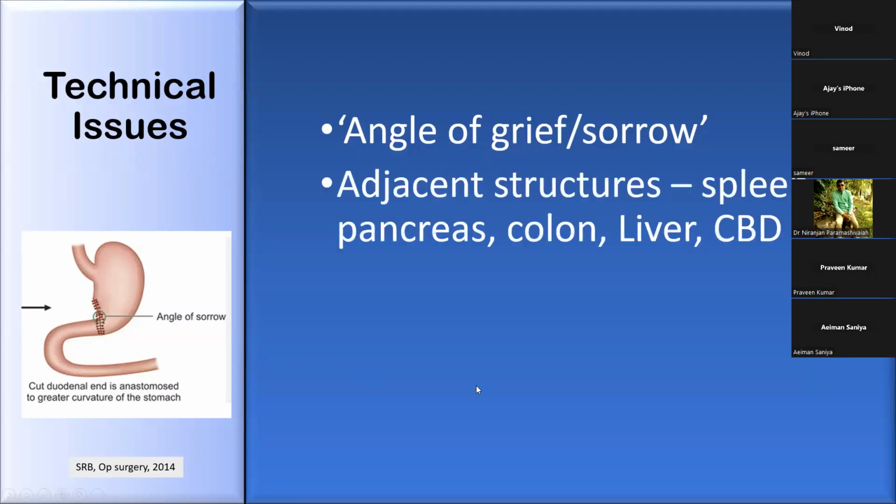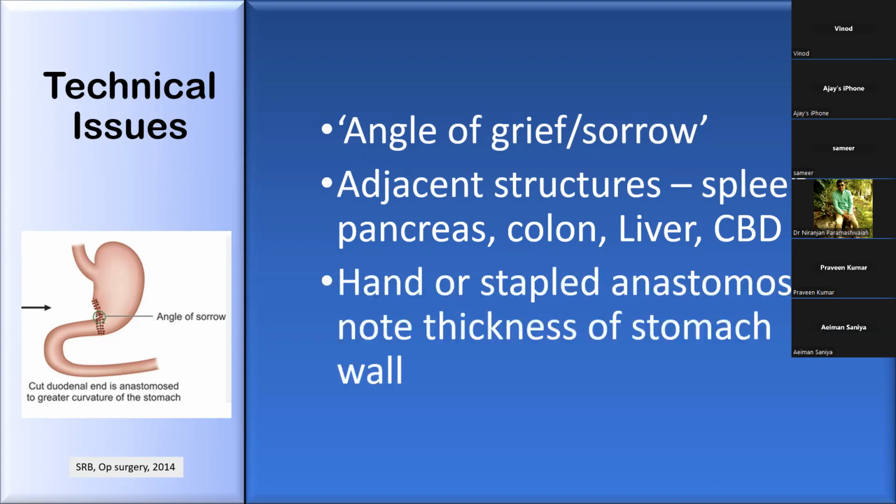This goes without saying, you have all these important structures around: the left lobe of the liver, the CBD when you're dealing near the pyloric area, the spleen, the pancreas, the transverse colon. So you've got to be careful when you do these resections, not to injure these adjacent organs. It becomes particularly important in bulky tumors which have gone beyond the serosa, in which case, if there is a potential for damage of these adjacent areas, you're better doing a multi-visceral resection.